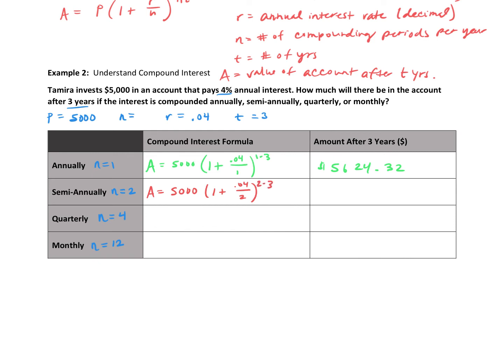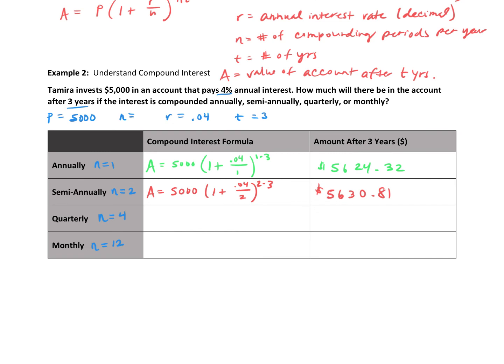That 2 times 3 means that we will end up compounding interest 6 times total if we do it twice a year for 3 years. Type that into your calculator and tell me if you get this answer. Okay, so it's the same amount of money, but if we calculate interest twice a year, the value of your account is more after 3 years. That's kind of cool.